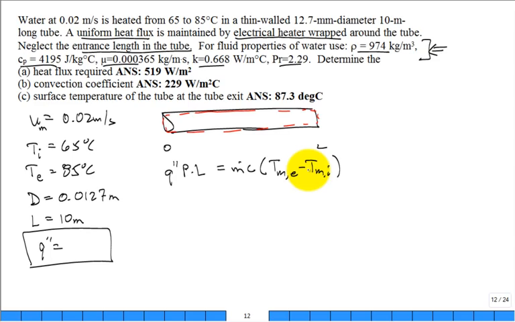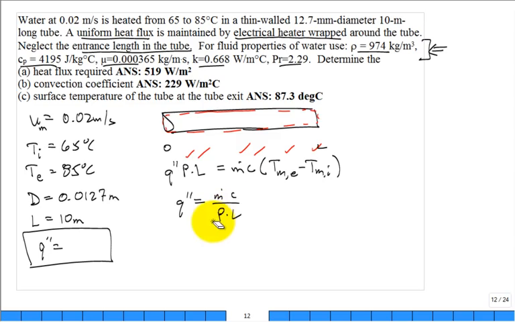And so you look at an energy balance, that's all that is, a total energy balance, and you say, I'm looking for Q double prime. Perimeter, length, mass flow rate, specific heat, exit and inlet temperatures are all known. So this is equal to m dot c divided by PL. What is perimeter?